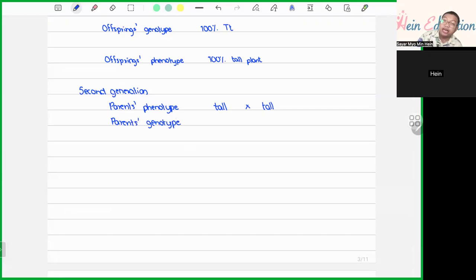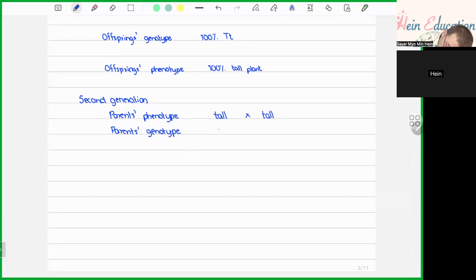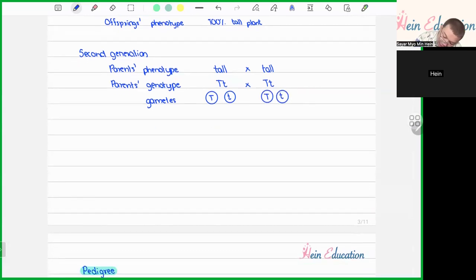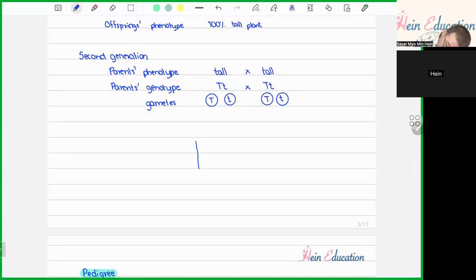For genotype, they are heterozygous, so it will be capital T small t crossing with capital T small t. And for the gametes, this time it will also be capital T and small t, and here we also have capital T and small t. So these are the gametes. And now let's do the Punnett square again.